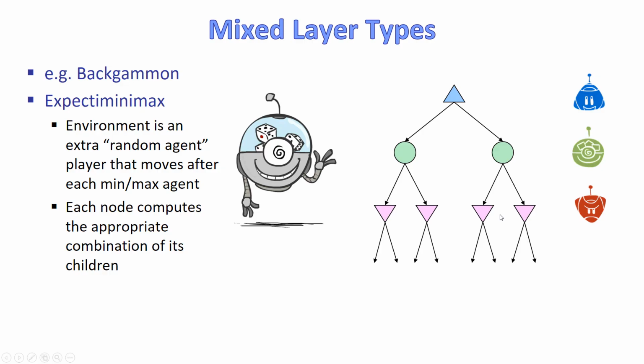Okay, so this is how the search tree will be designed. It has to be designed that way, and of course each agent has its turn, and each node computes the combination of its children based on whether it's a max node, min node, or chance node.